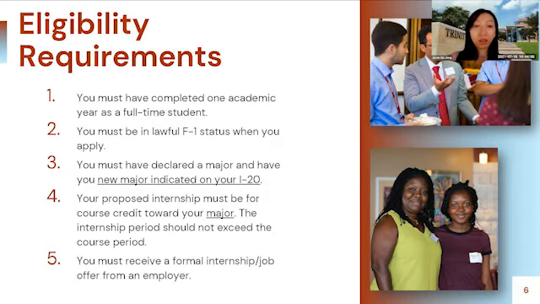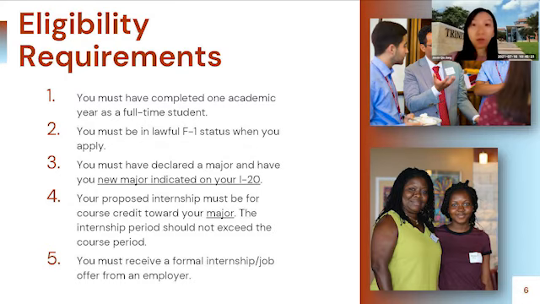And third, you must have declared a major and have your new major indicated on your I-20. So as we emphasized before, you must have a major to be able to apply for CPT. Some students may be able to declare their major in their second semester. This is rare, but we had some students do that.